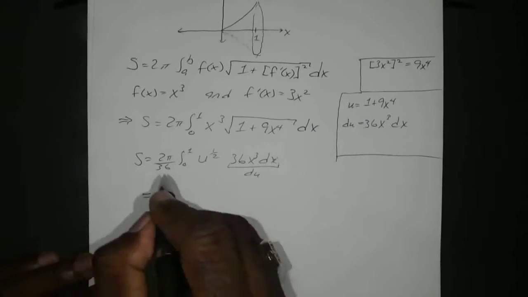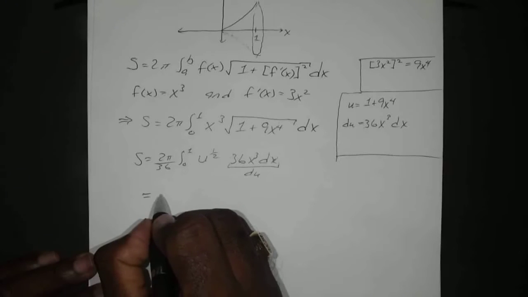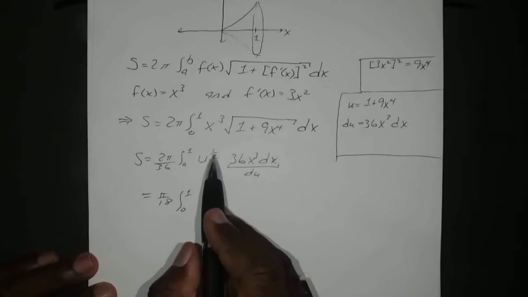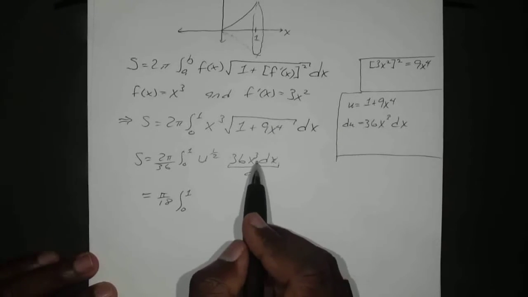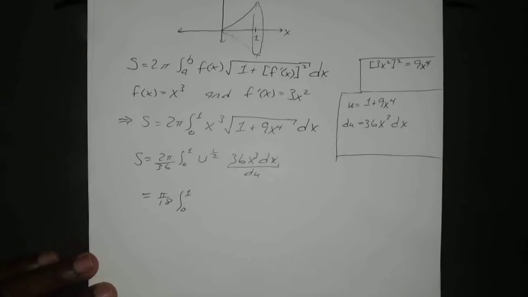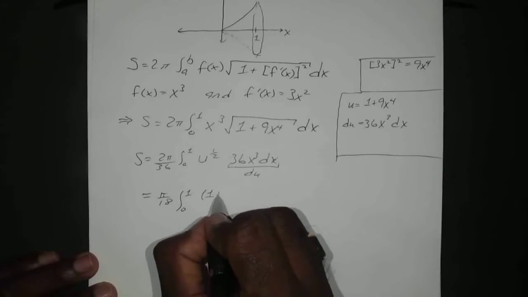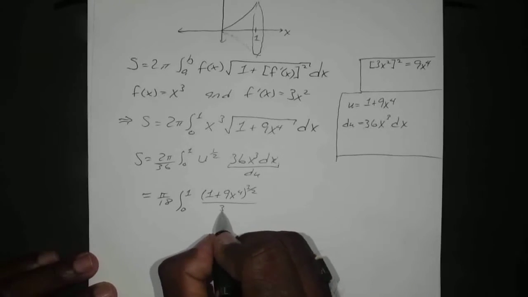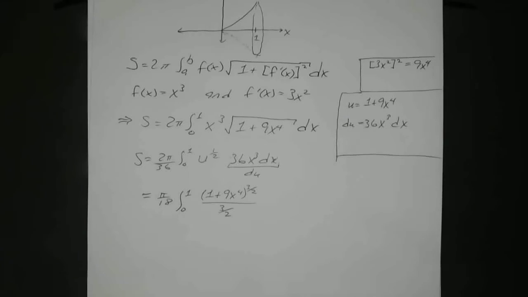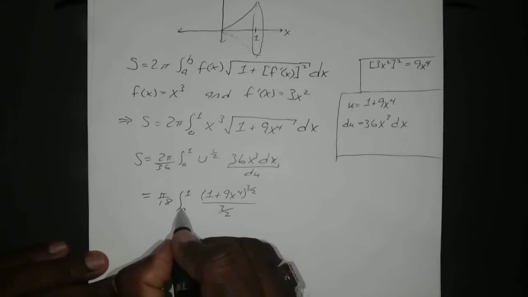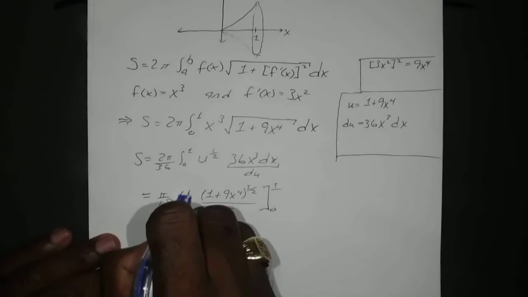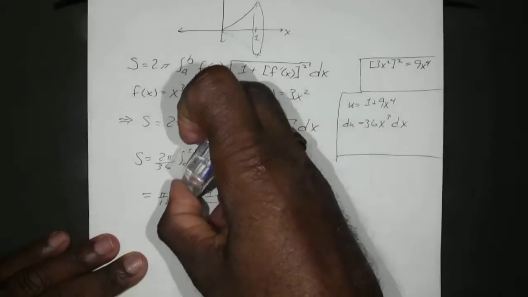Okay, so that's equal to 2 over 36, which is pi over 18, from 0 to 1. u to the 1/2 becomes u to the 3 over 2, so that would be 1 plus 9x to the fourth to the 3 over 2, over 3 over 2, from 0 to 1.